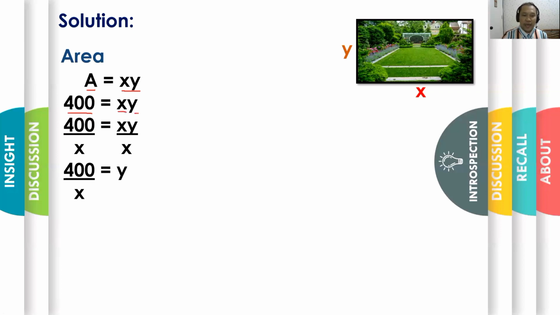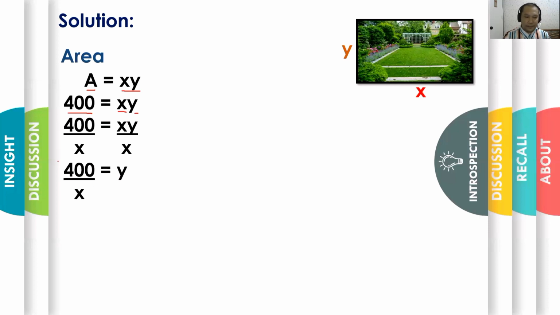Next, since we are looking for the perimeter in terms of x, which is the length, we will be finding the value of y because y will be substituted when we find the perimeter. Okay. And then we have to divide both sides by x. Therefore, y is equal to 400 all over x.